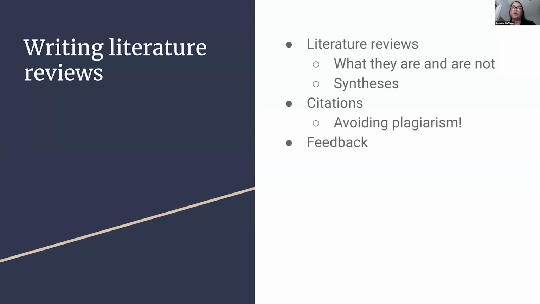It's not something that we are taught how to do, right? You come into graduate school, they say write a lit review, but nobody says, how do I do that? So you want to get feedback, whether that be from your professors or from peers or from supervisors, advisors, things like that, or the writing center. I'll talk a little bit about the writing center next, because there are a lot of good resources for you all on campus and online that you can use to get started in these kinds of papers.